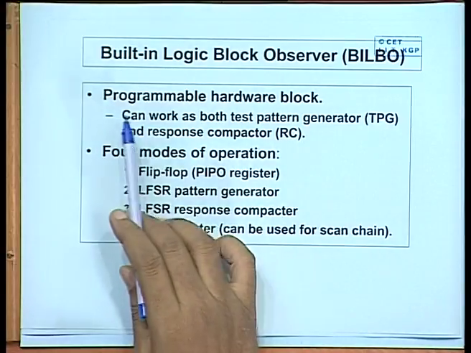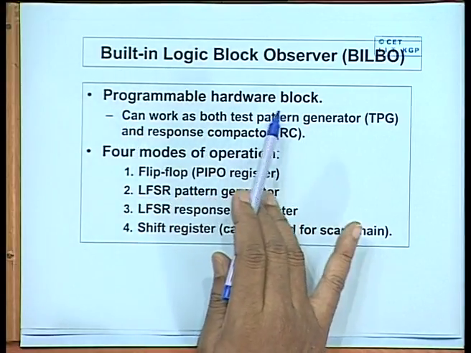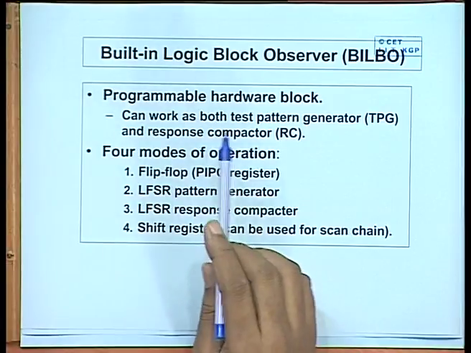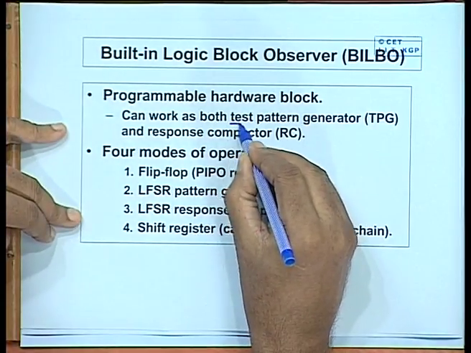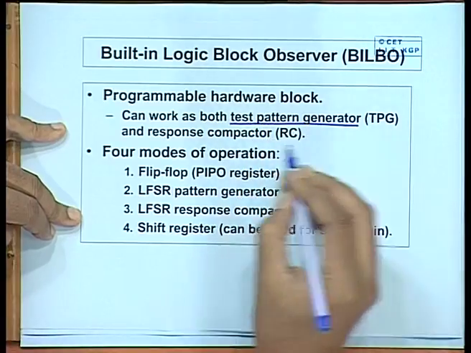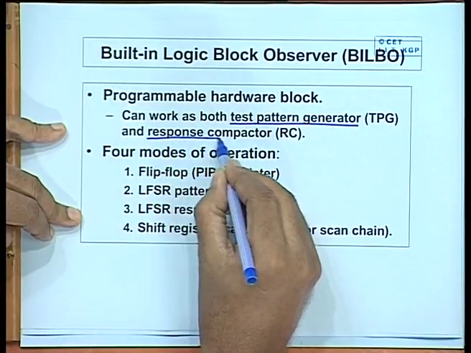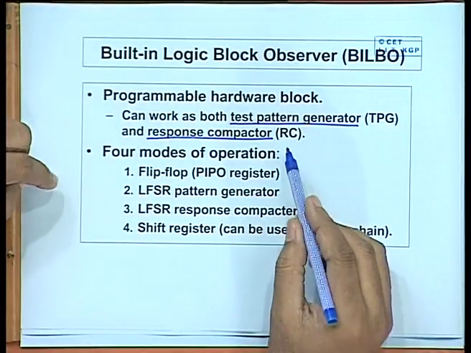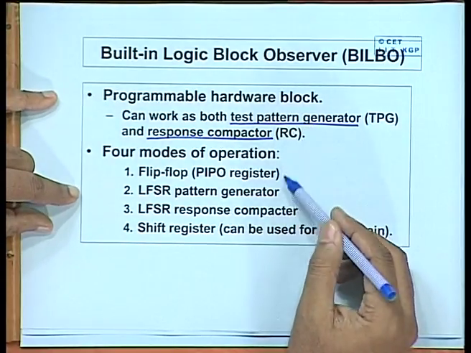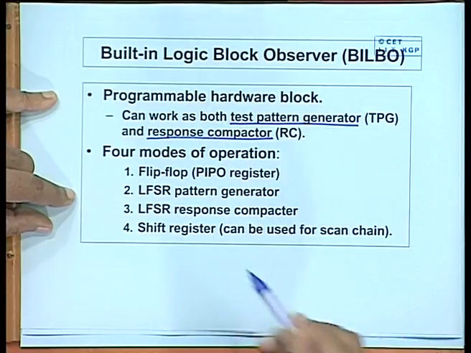So, as I had said, this is a programmable hardware block. With respect to testing, it has the capability to work as a test pattern generator and also as a response compactor. Now, this circuit can work in 4 different modes.